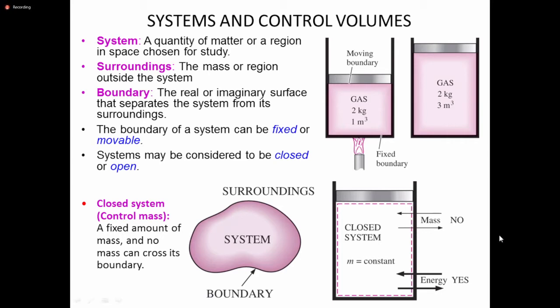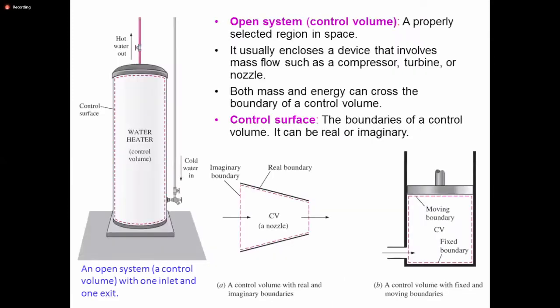In the closed system, energy can cross the boundary of the system, but mass is not allowed to cross the boundary. In such a case, we generally call it a closed system. In an open system, both energy and mass are allowed to cross the boundaries of the particular system. And in an isolated system, neither is.